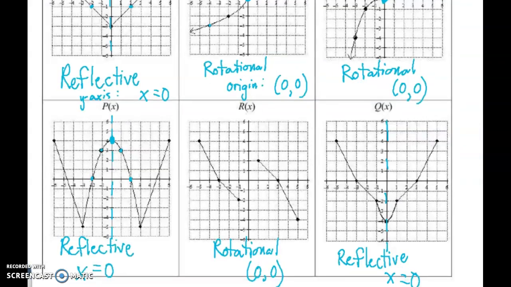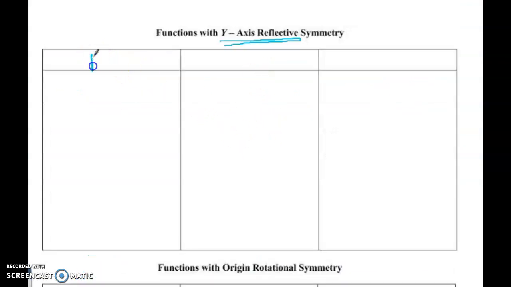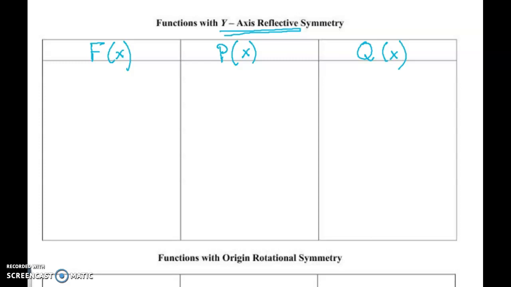All I want you to do on this slide is match up what points match up with which ones.